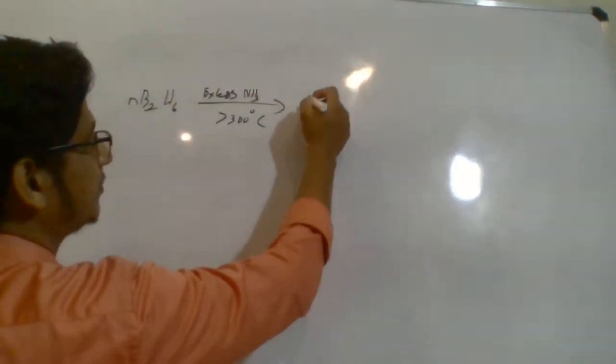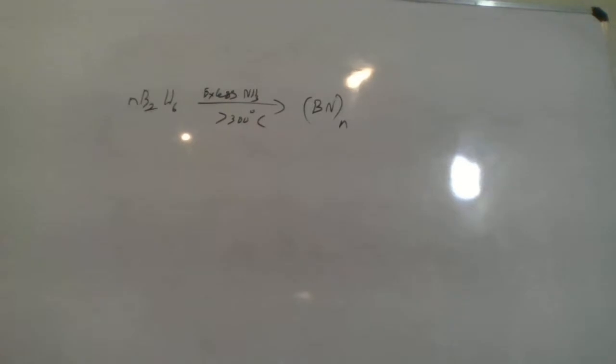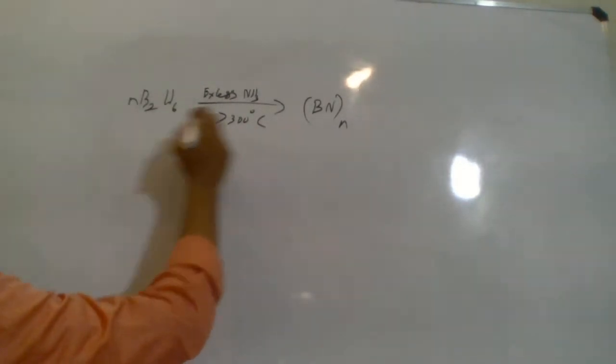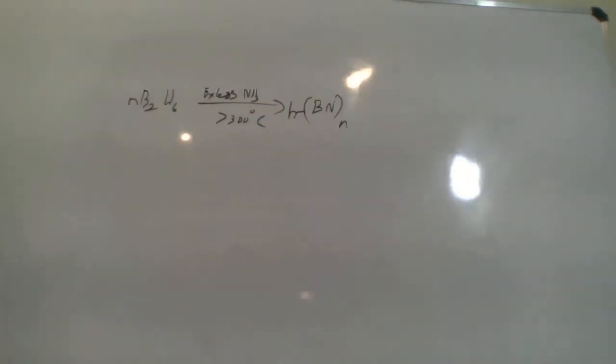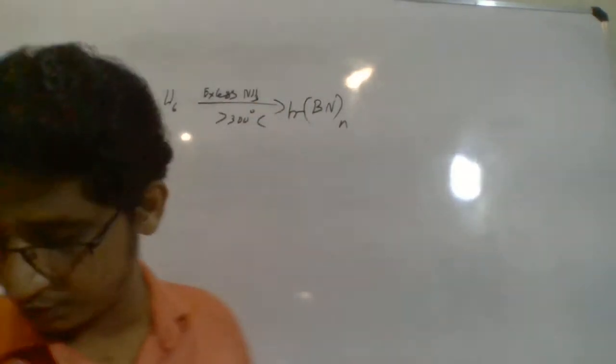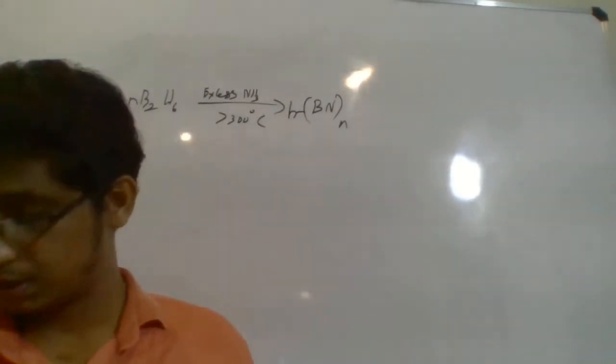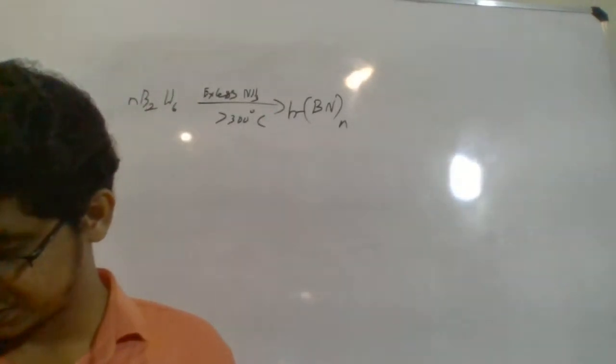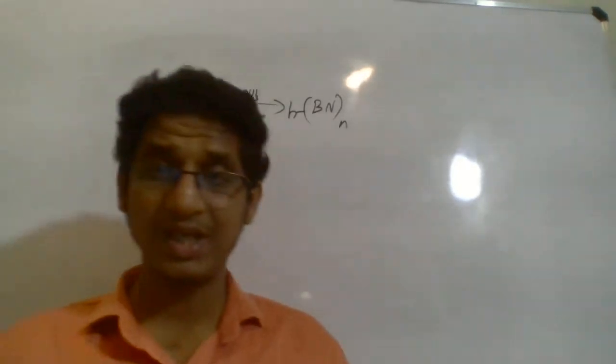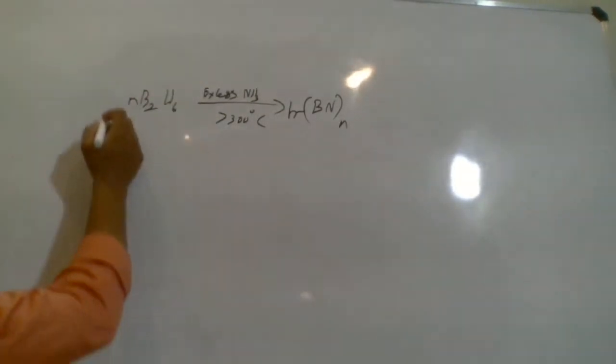So that's the method of preparation of boron nitride from diborane. Remember, the hexagonal boron nitride you are going to get first, from the heating of diborane in presence of excess ammonia. Similarly, another method is from boric oxide. This is the first method.